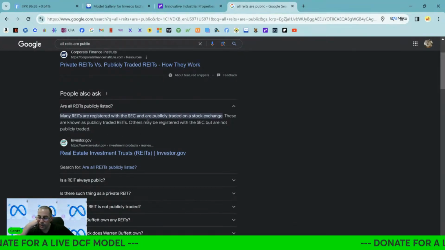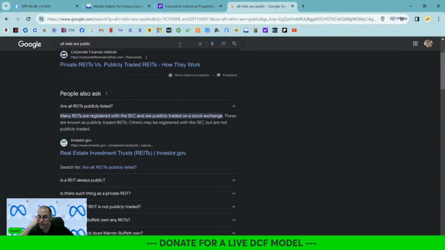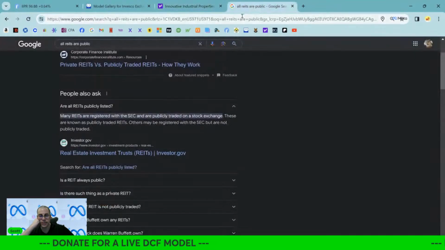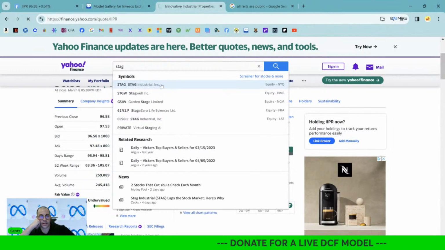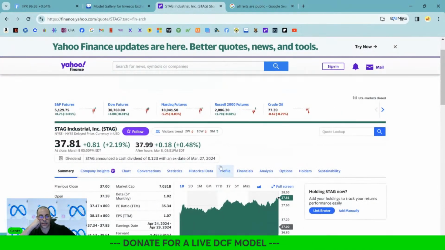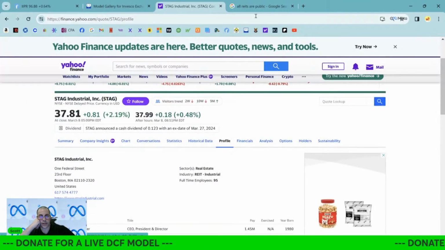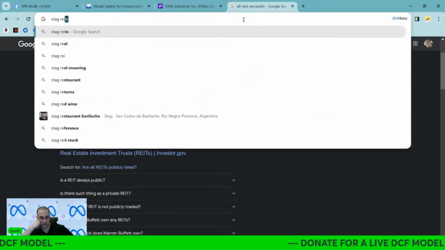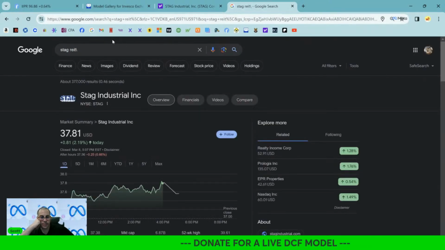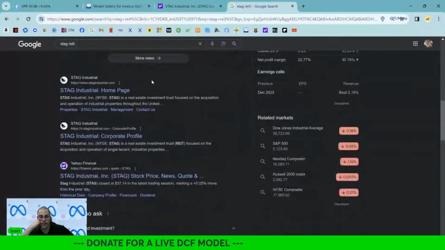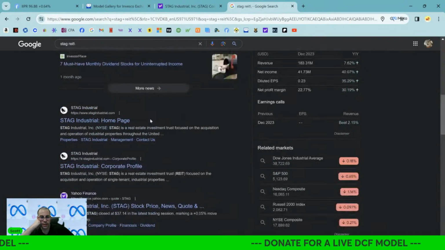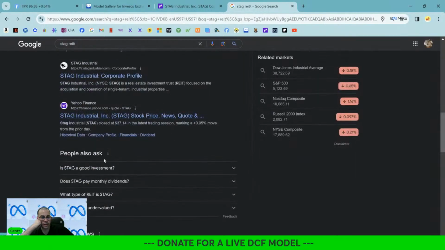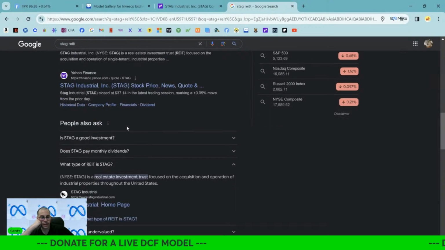Fits with Stag and Prologis. Stag and Prologis. Are those the prison REITs? Is Stag? There's a few prison REITs, but it's not Stag, right? What kind of REIT is that? What properties? What type of REIT is Stag?